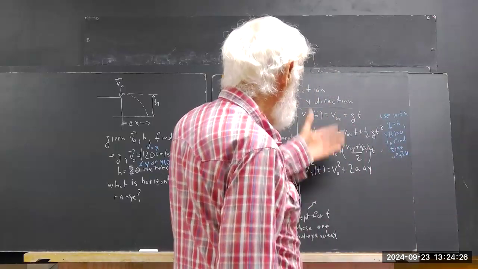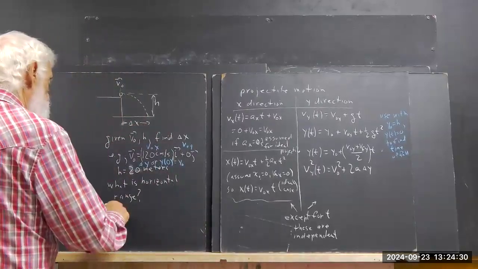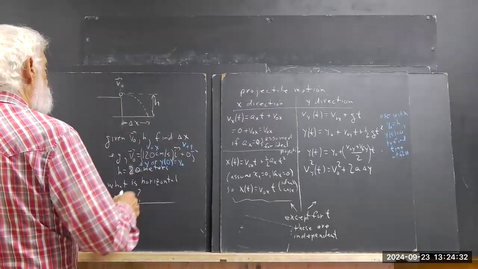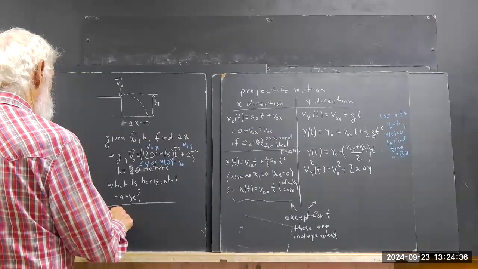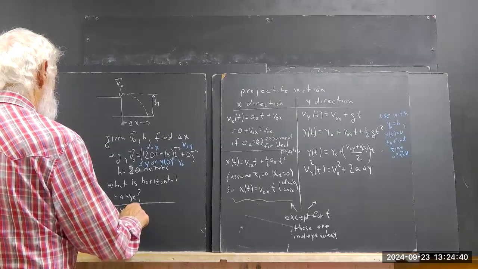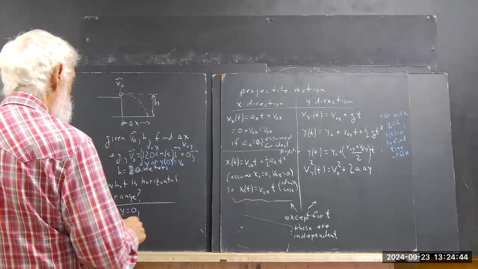Well, we don't have to use this thing formally. We can simply reason it out. Using slightly different symbols, delta Y is 0.